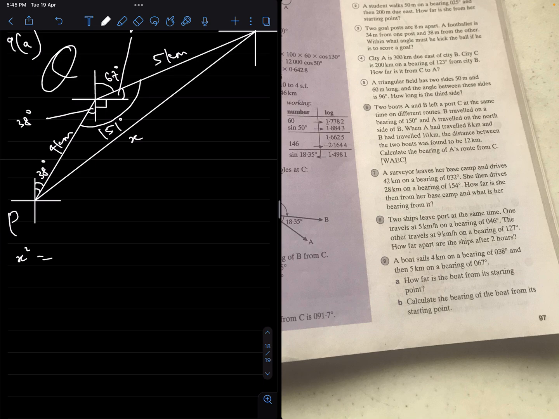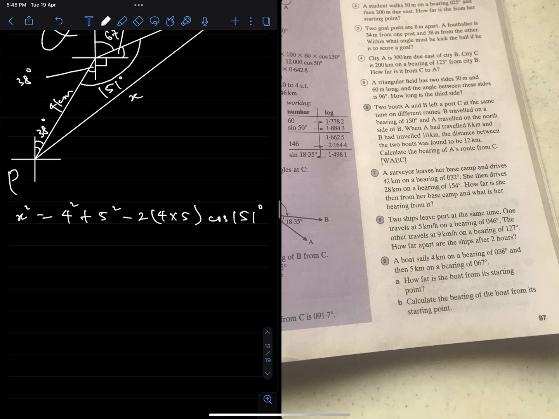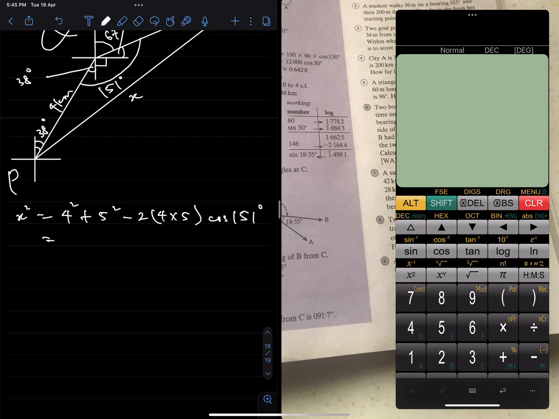Using the cosine rule, x squared equals 4 squared plus 5 squared minus 2 times 4 times 5 times cos 151 degrees.